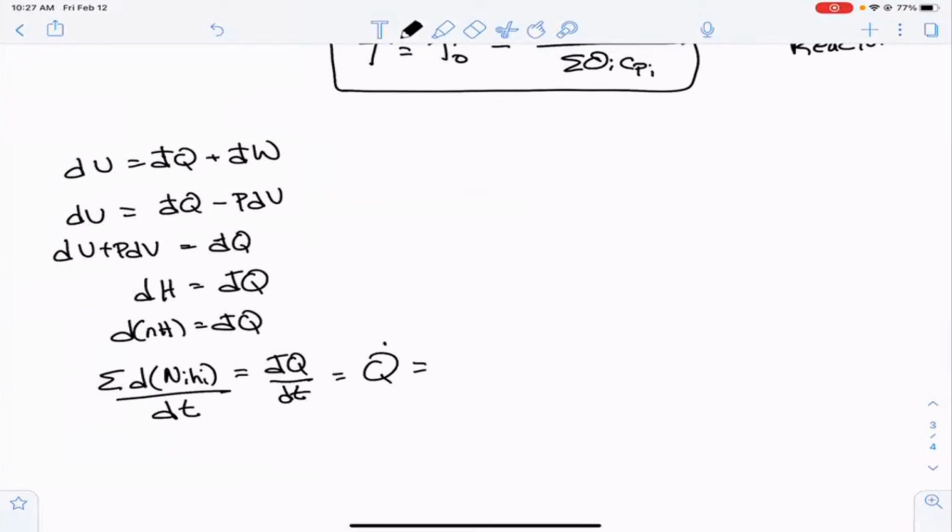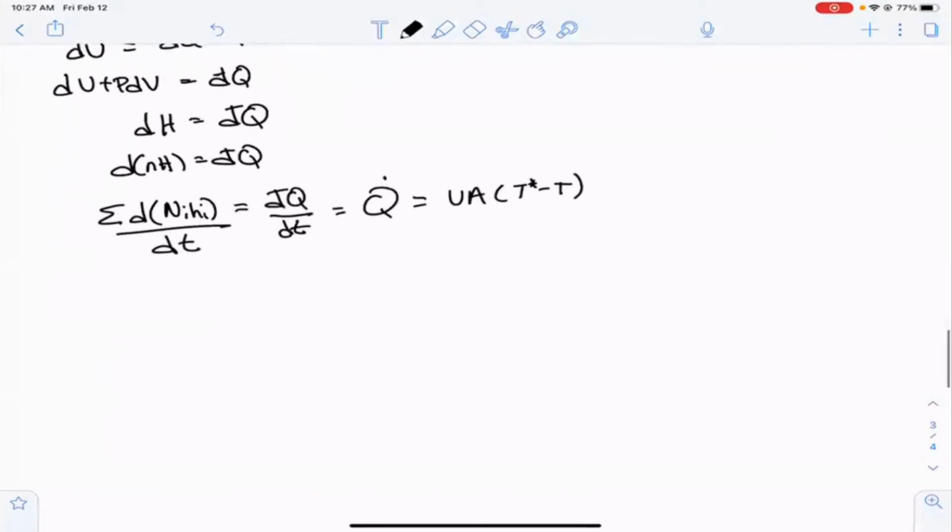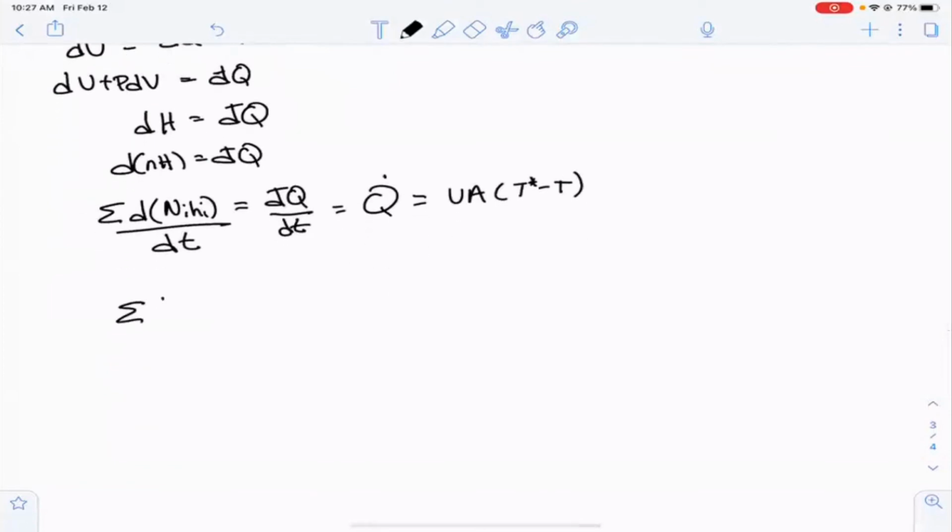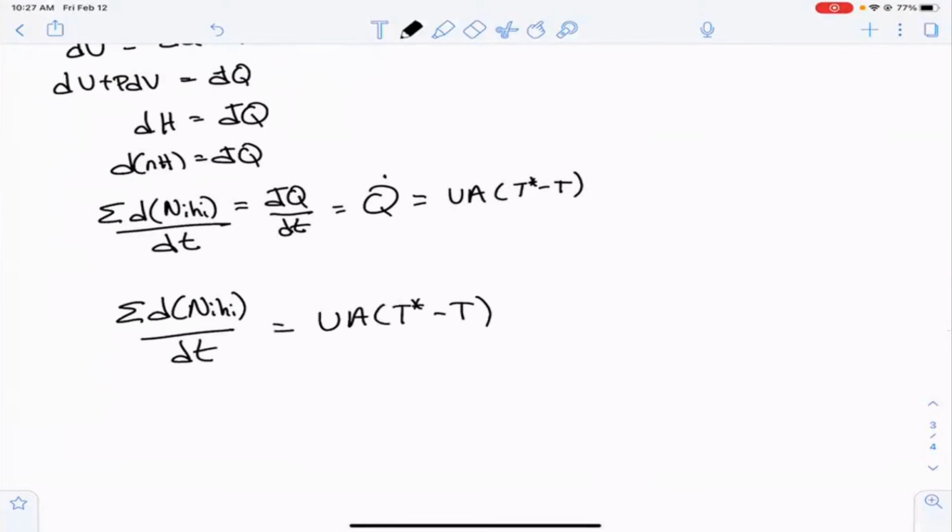It's the same one that we used for the open systems, where this was UA times T star minus T. And so we're left with the sum of d(NiHi)/dt equals UA times T star minus T.